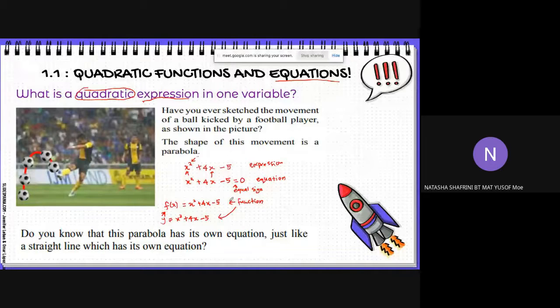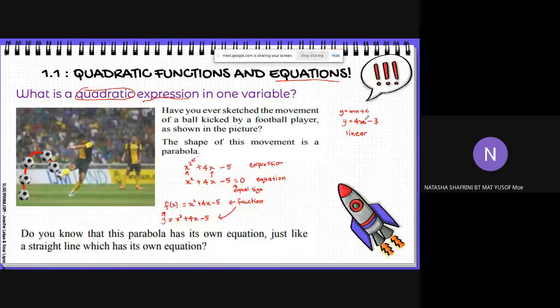Okay, so masa you jumpa kat lower form, you ada y equal to mx plus c. Okay, y equal to 4x minus 3. Ini adalah function. Function apa? Linear function. Kenapa jadi linear?